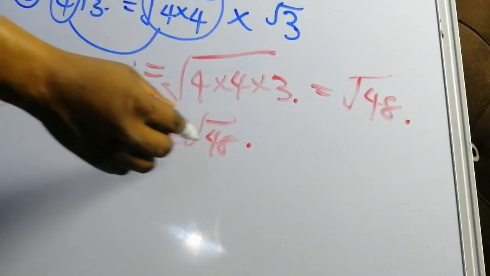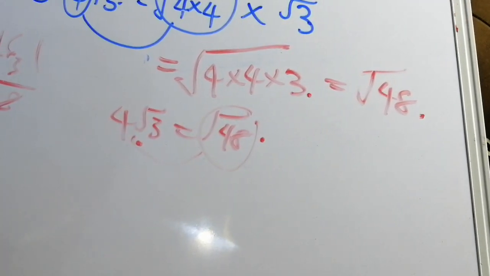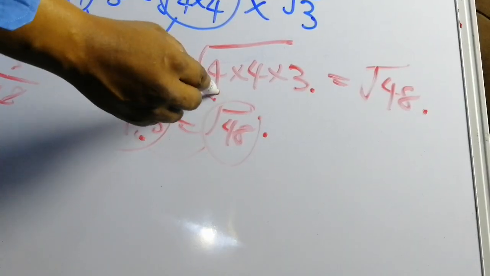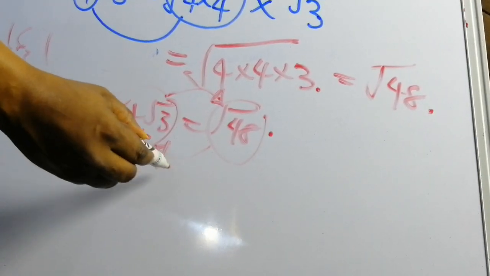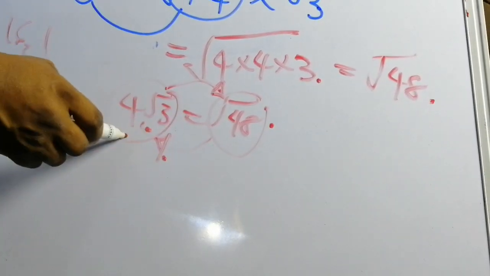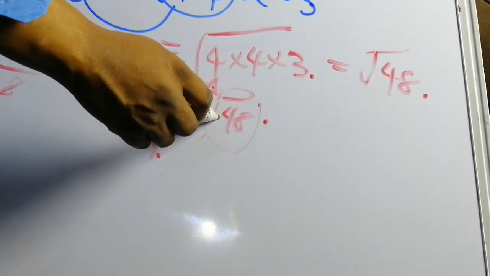What this means is that if I simplify root 48, I will get this, and if I want to return to single surd form, I will still get this. So it's the same thing.